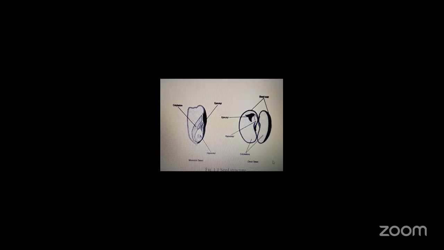The seed is round to oval, covered by a protective seed coat, the testa, hilum, and micropyle. The radicle portion of the embryonic axis projects behind the cotyledon. The other end of the embryonic axis is the plumule, present in between both of the cotyledons.